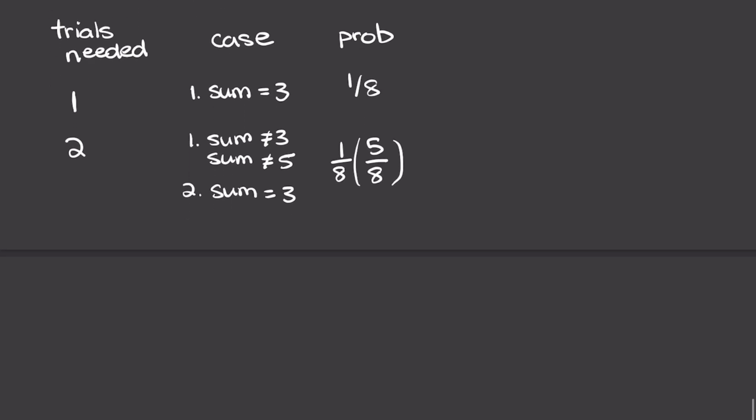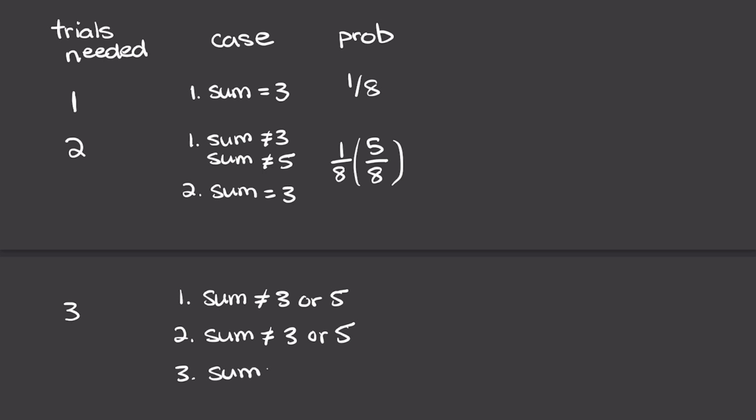Now we're trying to see if there's a pattern here. So let's go to the next trial. If we need 3 trials, then on the first trial the sum can't be 3 or 5, and on the second trial the sum can't be 3 or 5. But on the third trial, the sum has to equal 3 for this to work.